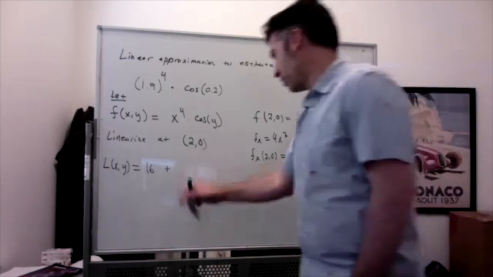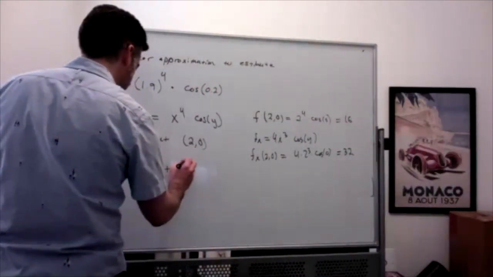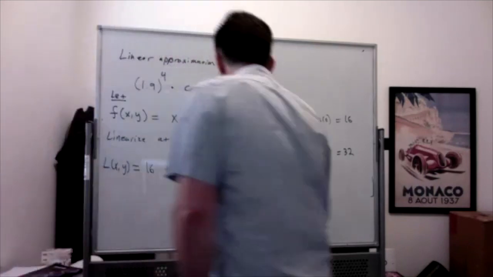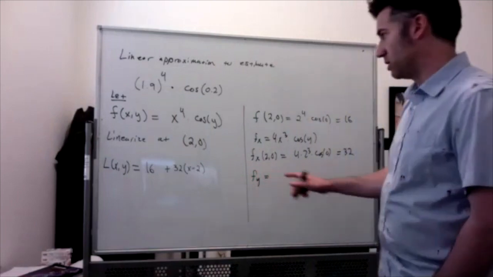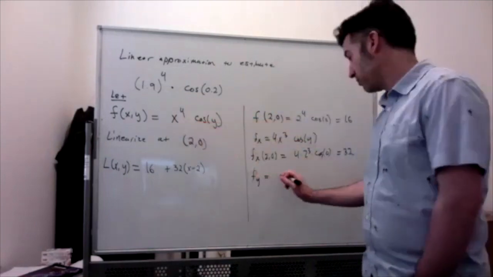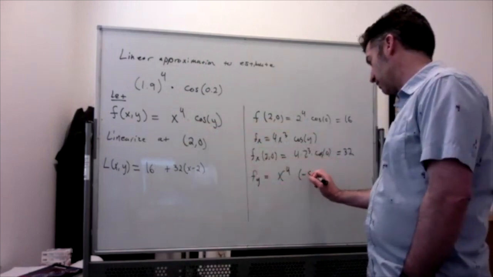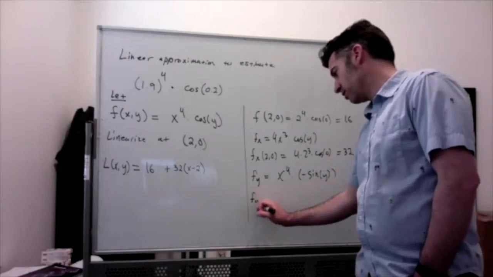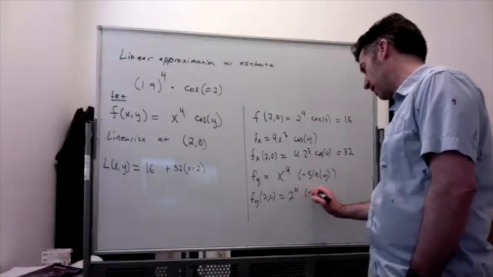So for this next part, we're going to get 32 times x minus 2. And then the partial with respect to y is equal to, let's see, x to the fourth is a constant now, times the derivative of cosine of y, which is negative sine of y. When I plug in the point (2, 0), I get 2 to the fourth times negative sine of 0.